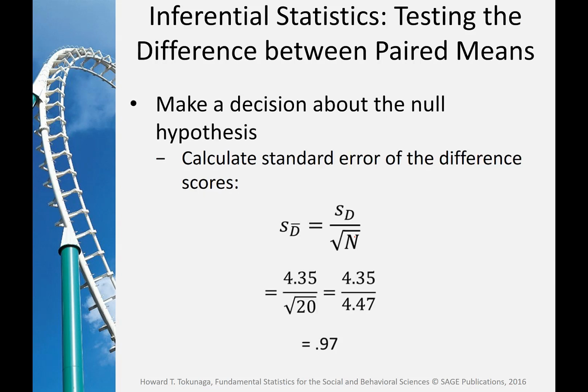The standard error of the difference is that standard deviation divided by the square root of n. That's our old friend. We've done this one before. Again, larger sample sizes result in a smaller standard error.